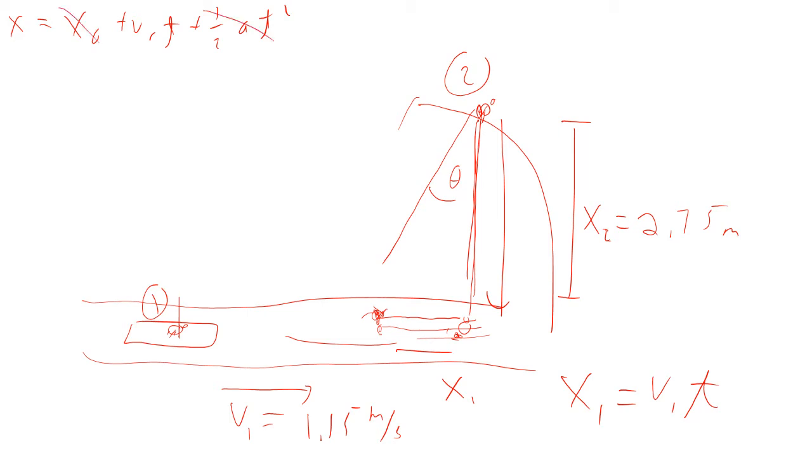Now, while it's doing that, this object is falling. And so x2, if we put our origin here, say down is positive, so g is this way, then x2 is going to be 1/2 g t squared. So v2 naught equals 0. So it's going to fall and hit.